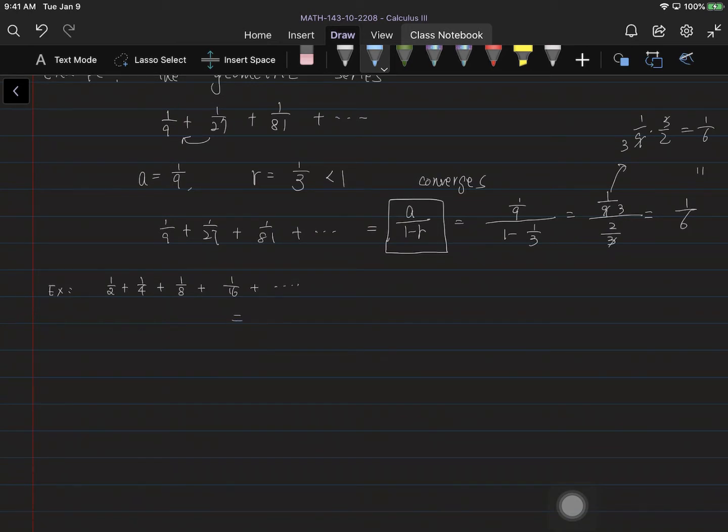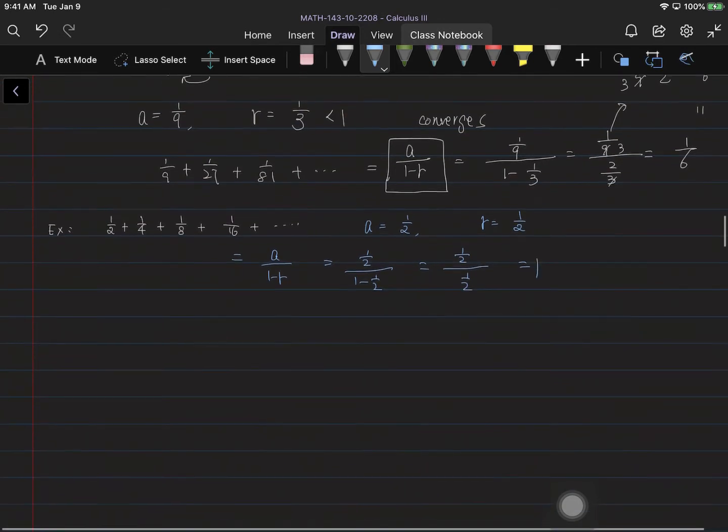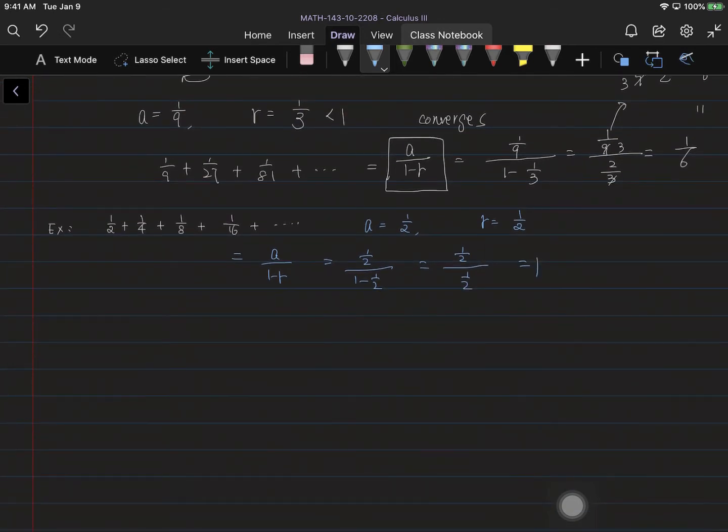When you do that exercise, you can pause my video. A equals 1/2. R equals 1/2. Converges. A over 1 minus R: 1/2 over 1 minus 1/2, which is 1/2 over 1/2. The sum for this series is 1.